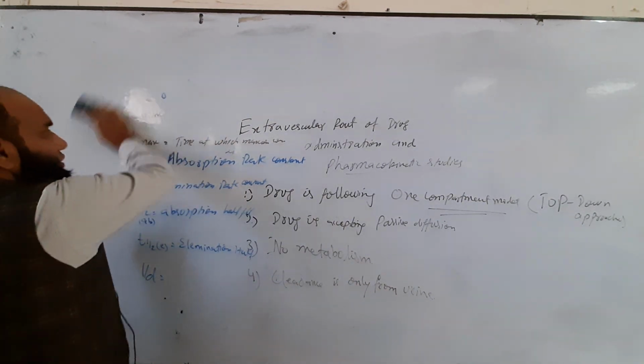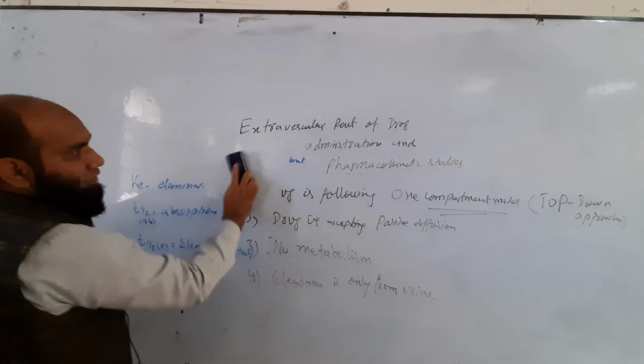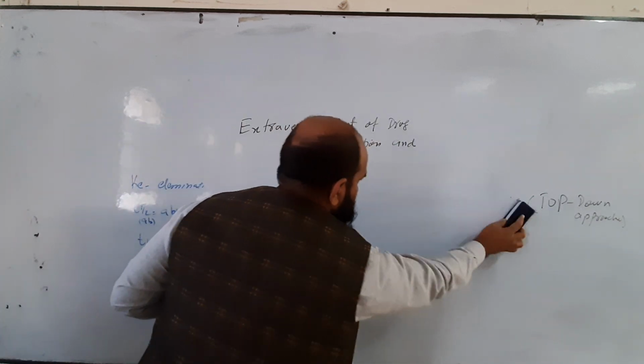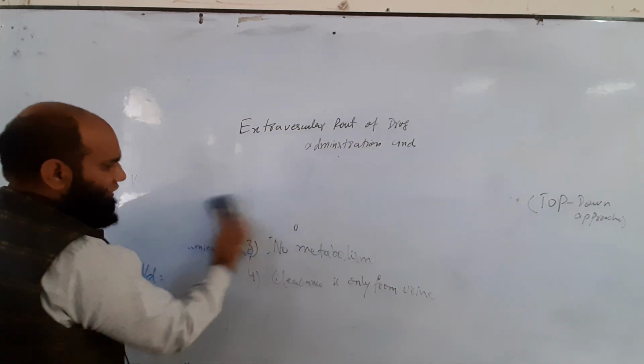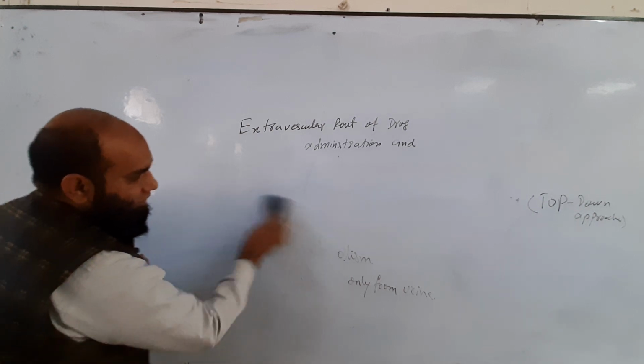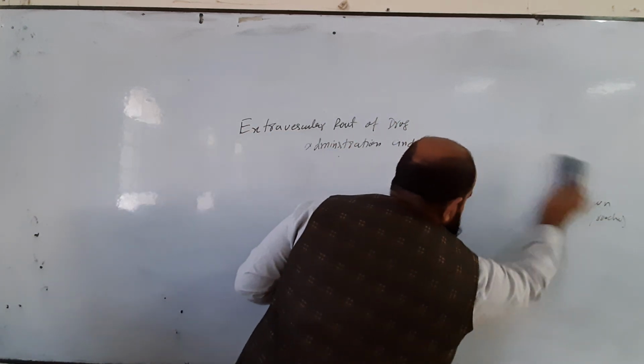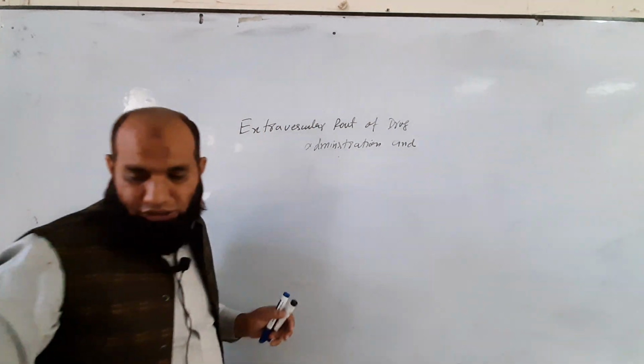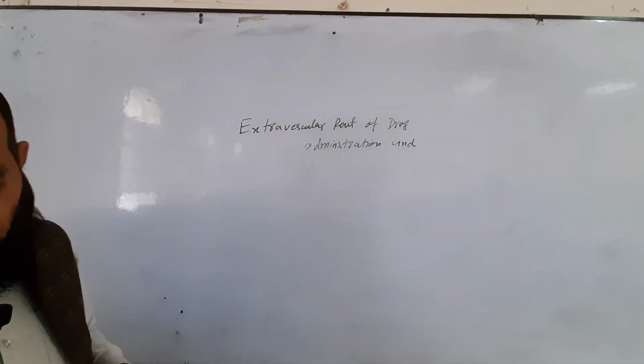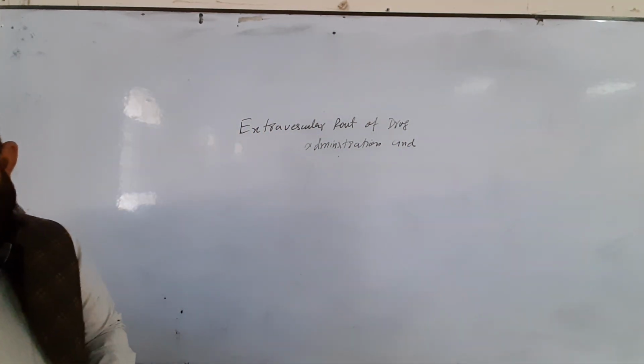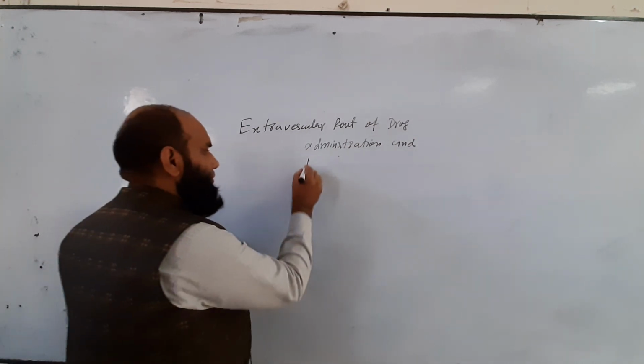So if we are discussing the extravascular route of drug administration, then we have two areas where the drug is present. One area is where the drug is given orally, and where we can calculate the drug remaining to be absorbed.